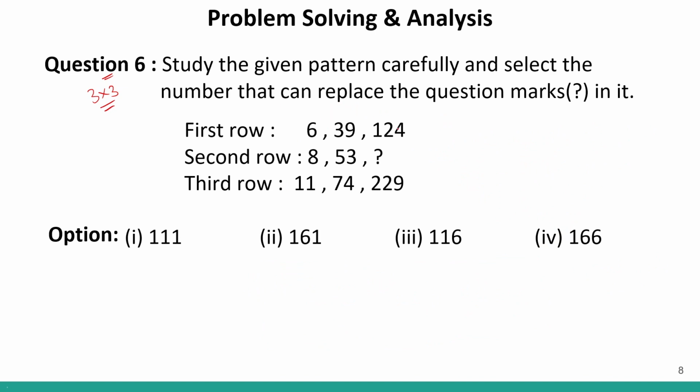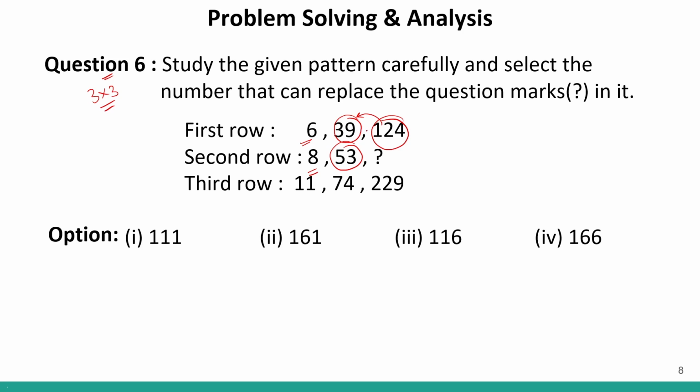6, 39 and 124. Over here I can see that this number is significantly bigger than this number, right? And then this number is significantly bigger than the previous number. So my thought is that maybe we are following the same pattern that we did in the previous question, right?